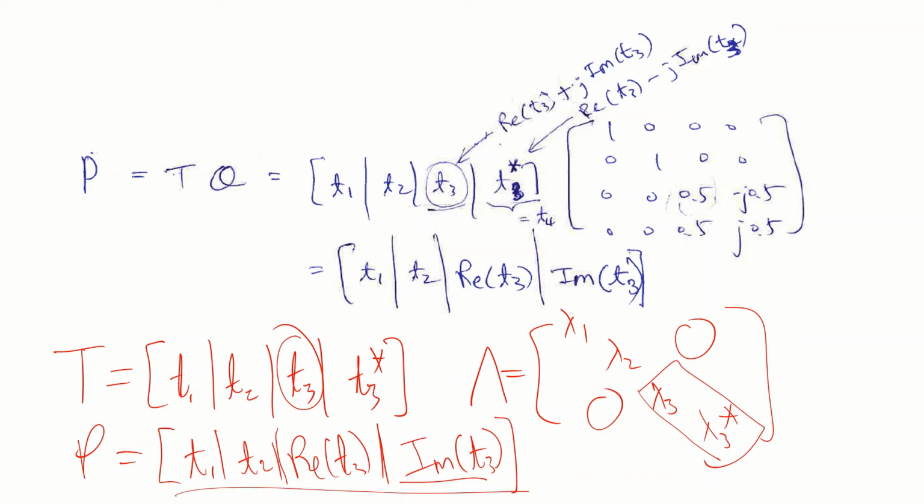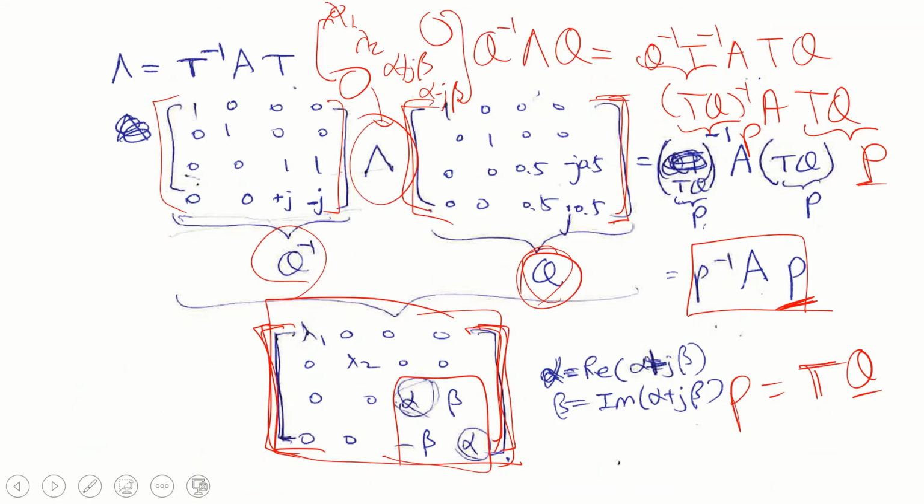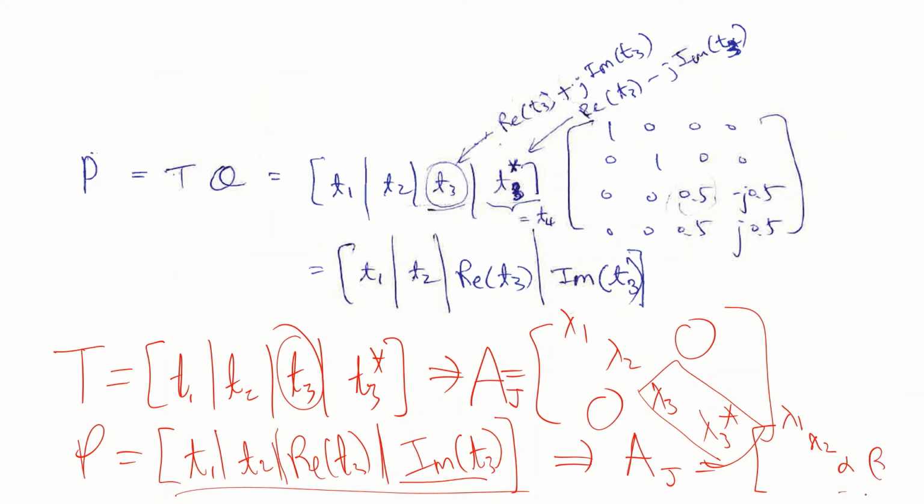If you use this P, the new AJ will look like this: lambda 1, lambda 2, alpha, beta, minus beta, alpha, and all the other entries are 0.